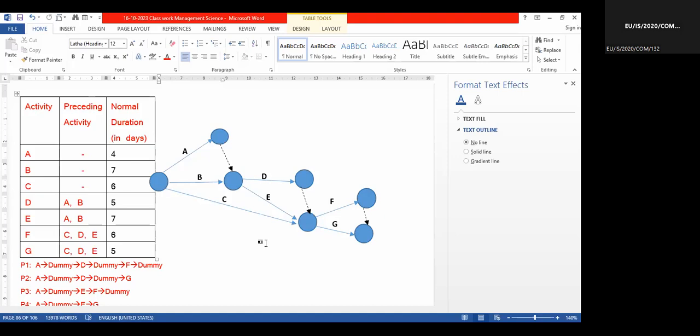Anybody having a different answer apart from 40?